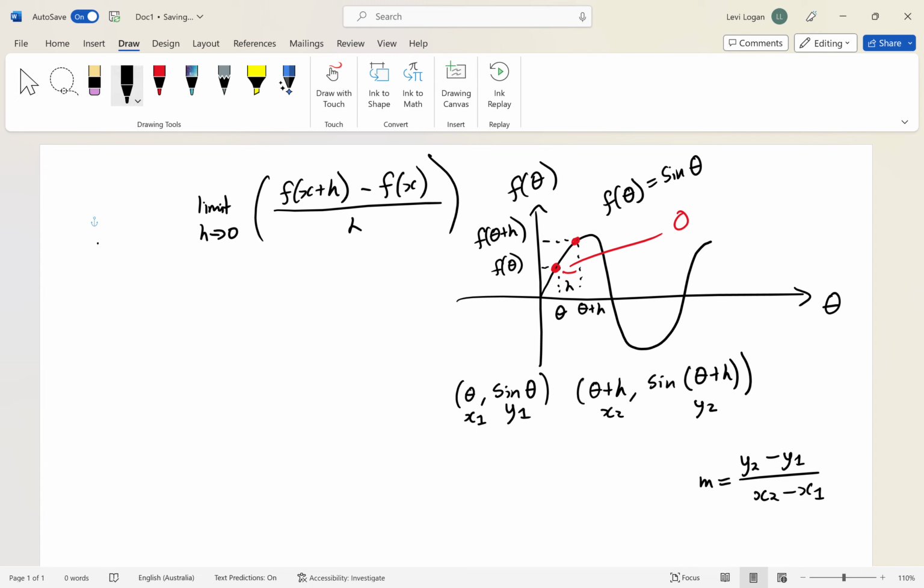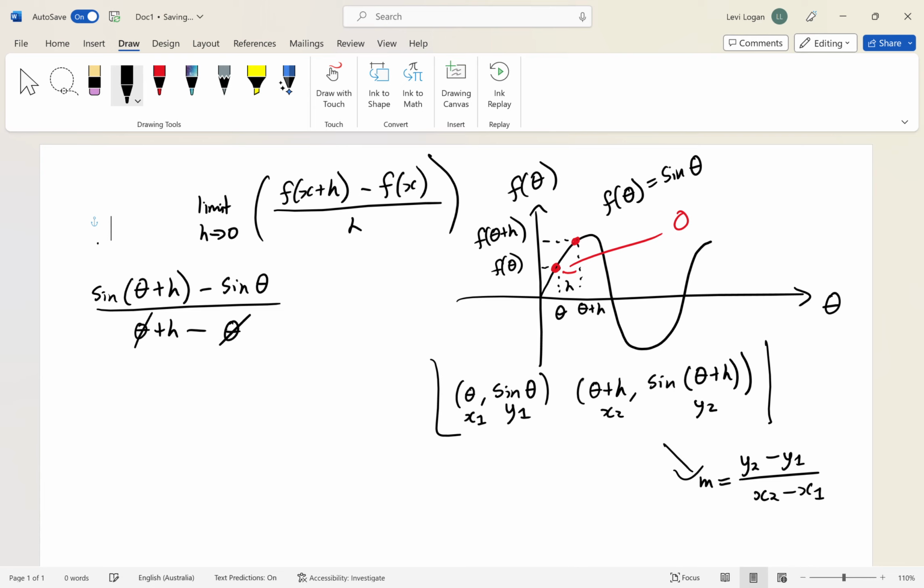If we plug these into this statement down here, we'll have y2, which is sine of theta plus h, minus y1, which is sine of theta, divided by x2, which is theta plus h, minus x1, which is theta, so that will cancel.